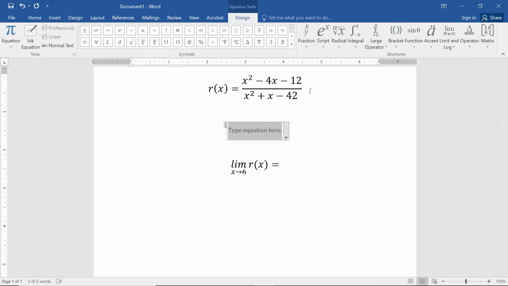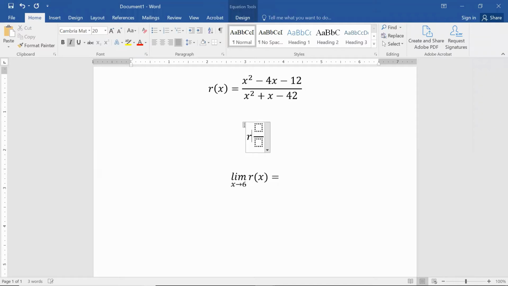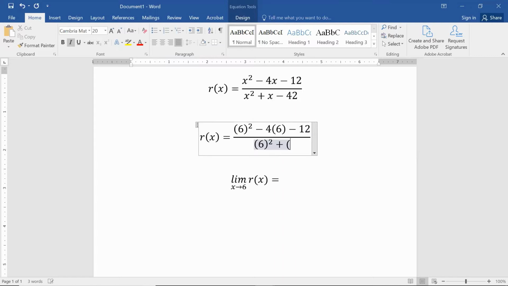Maybe I should start out by saying this. If you were to plug in 6 into r of x, what you would end up with is 6 squared minus 4 times 6 minus 12, divided by 6 squared plus 6 minus 42.